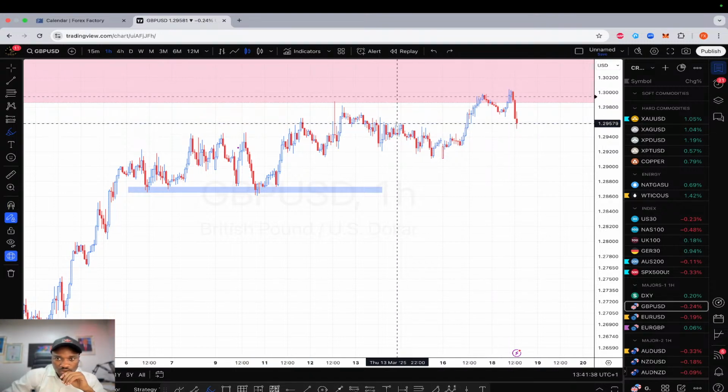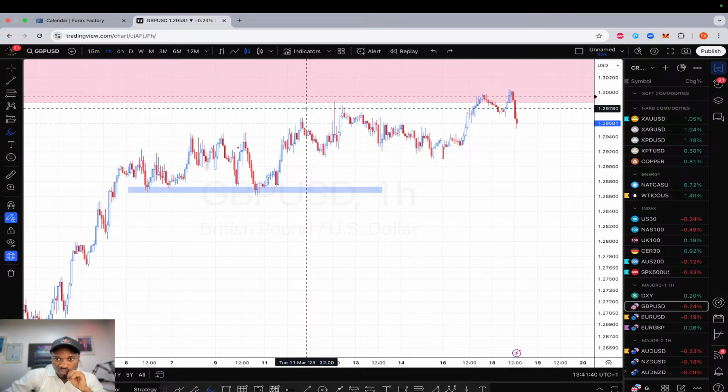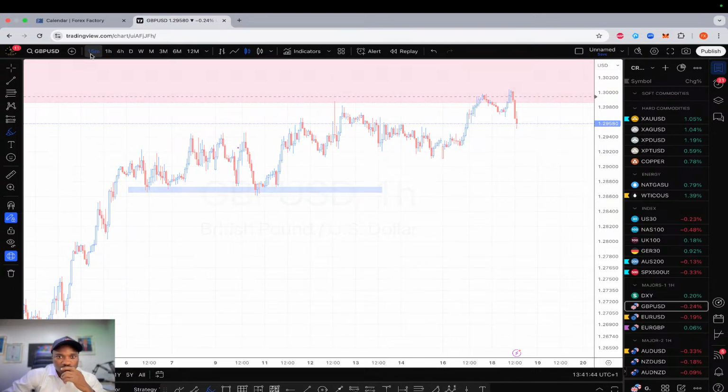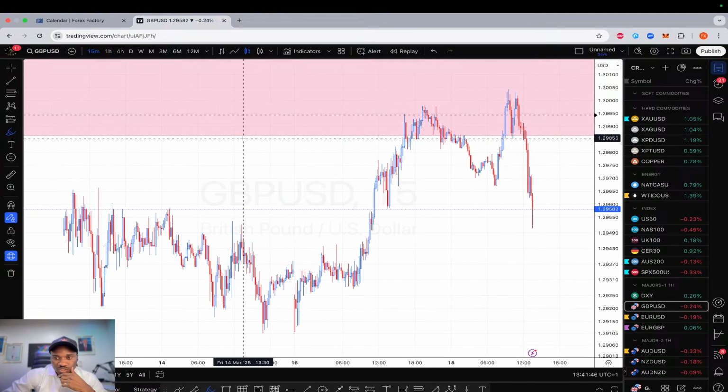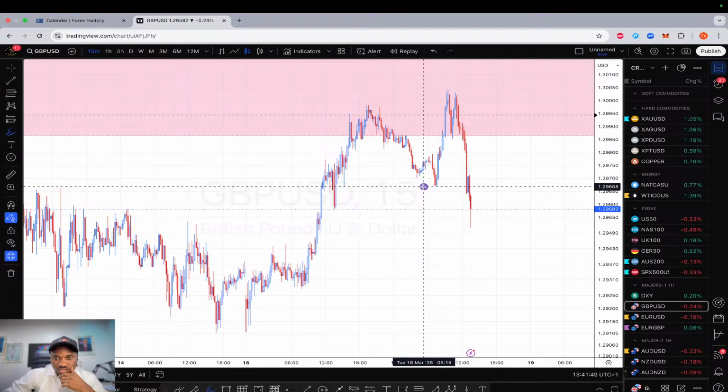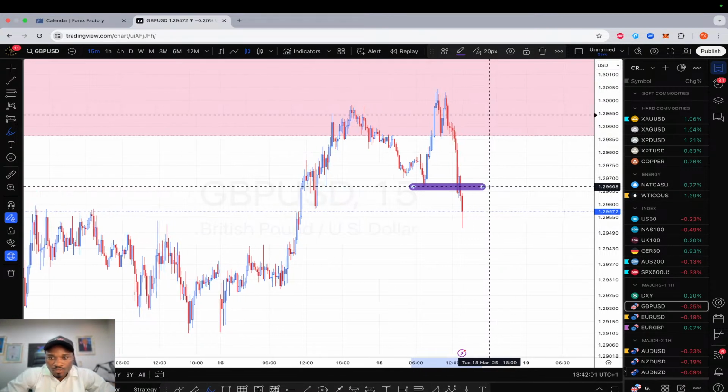I'm yet to see a factor to start going bearish on the British pound sterling USD on the 1-hour chart. On the 15-minute chart, we have a break of this higher low swing. So this is the first indication of sell sentiment coming into play on British pound sterling paired against USD. But we still need to see the close of this 4-hour candlestick.